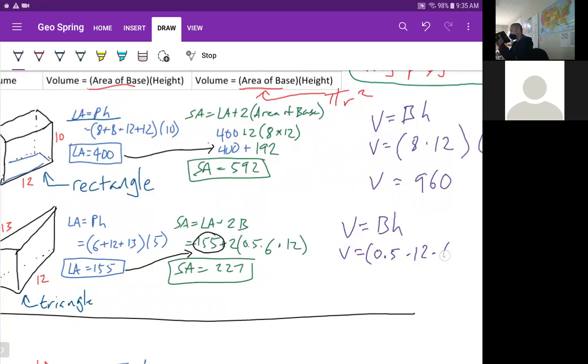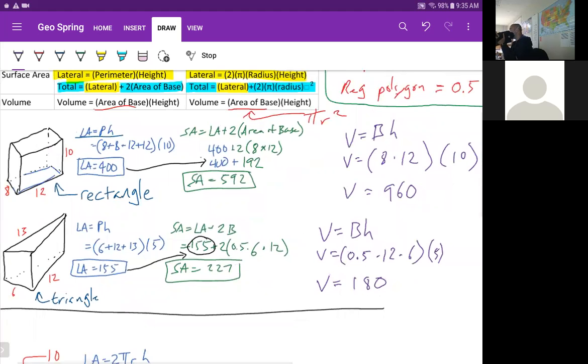Yeah, 6. Then the height is 5. I'm just going to plug it in the calculator: 0.5 times 12 times 6 times 5. The volume here is 180 cubic units. That's all you gotta do for volume with the prism.